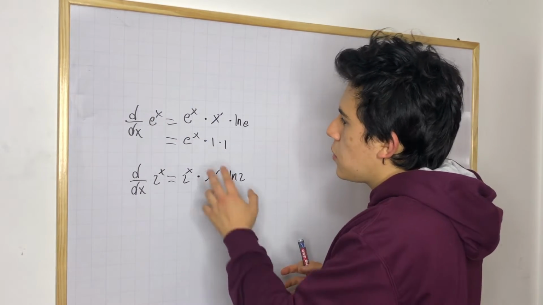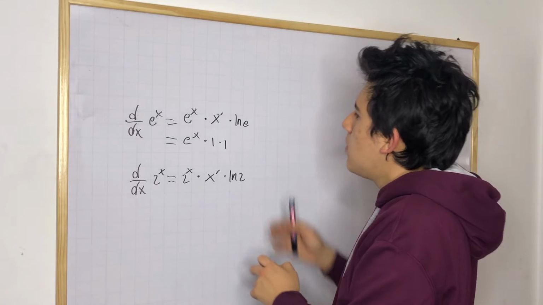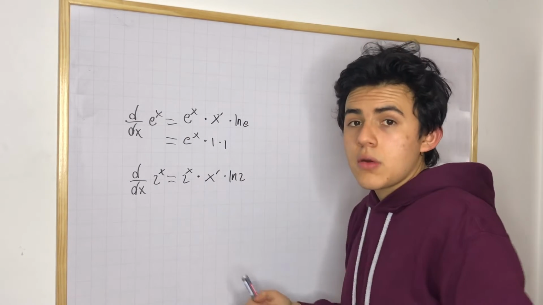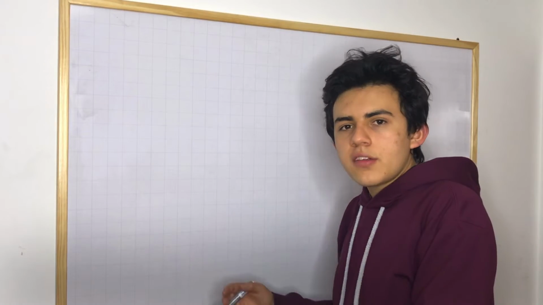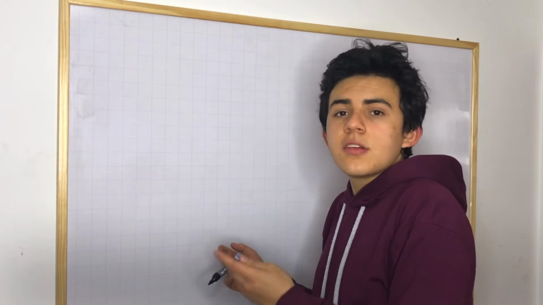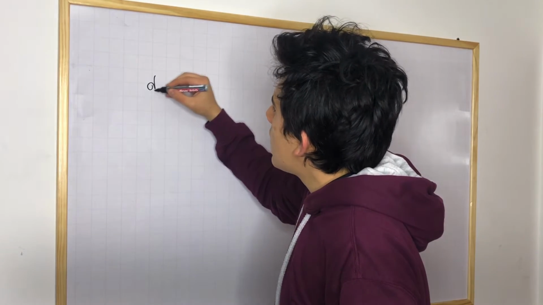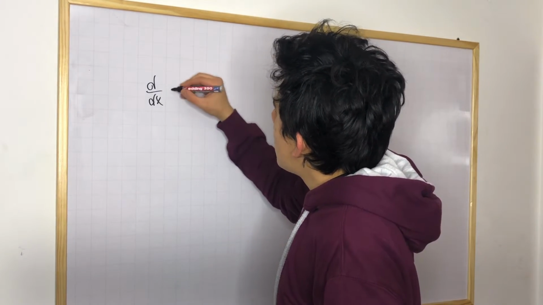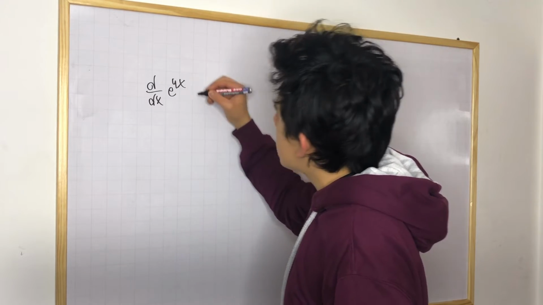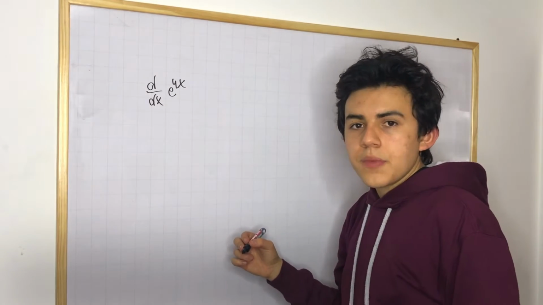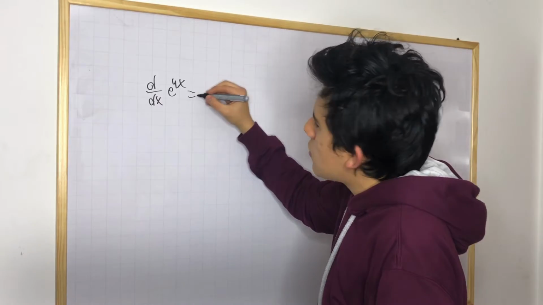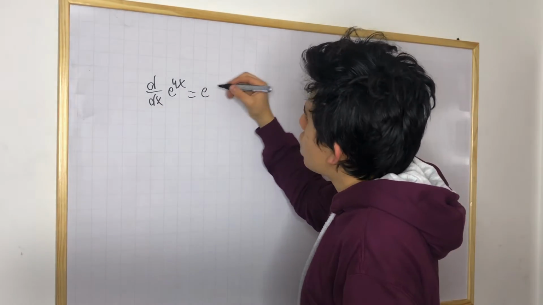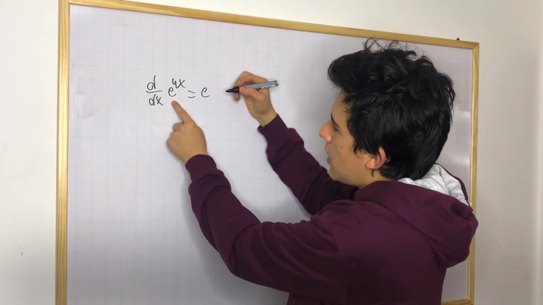But you need to be careful when you do not have e to the x, because natural log is actually very important, okay? Now let's try something when the exponent is not simply x. So what if we had the derivative of e to the 4x? What do we do in this case? Well, what we can simply do is remember what we did before. You're going to write the exact same expression that you have.